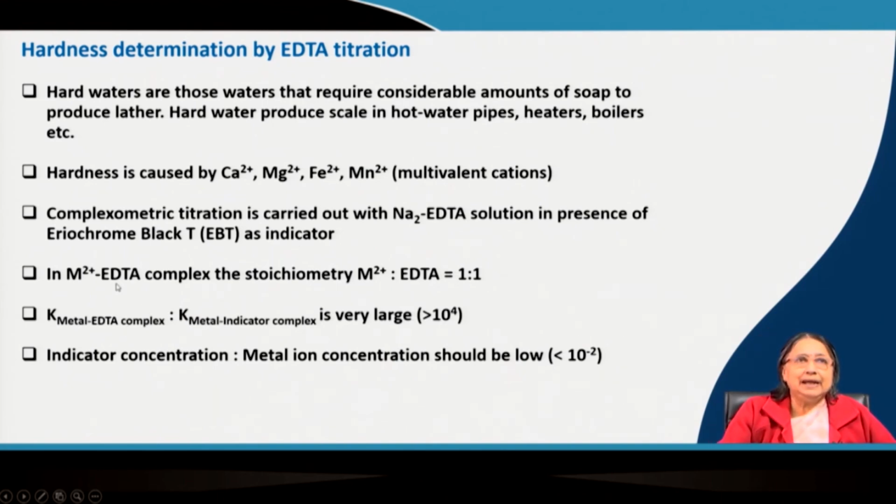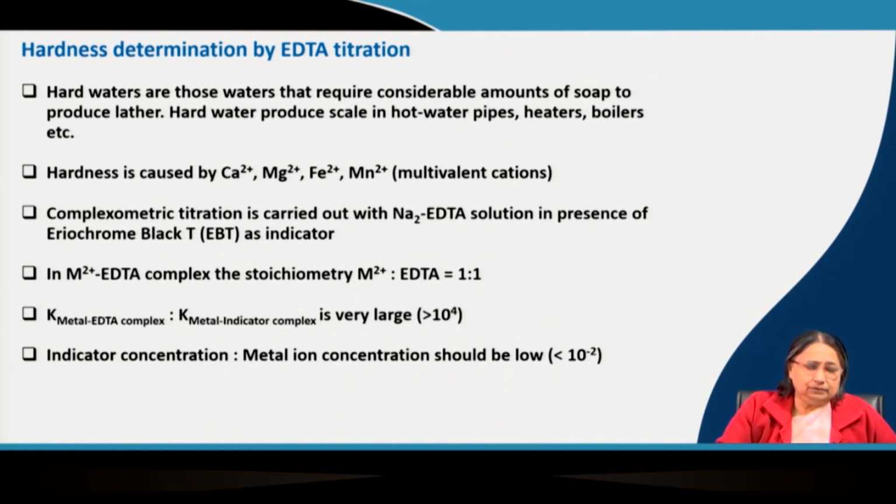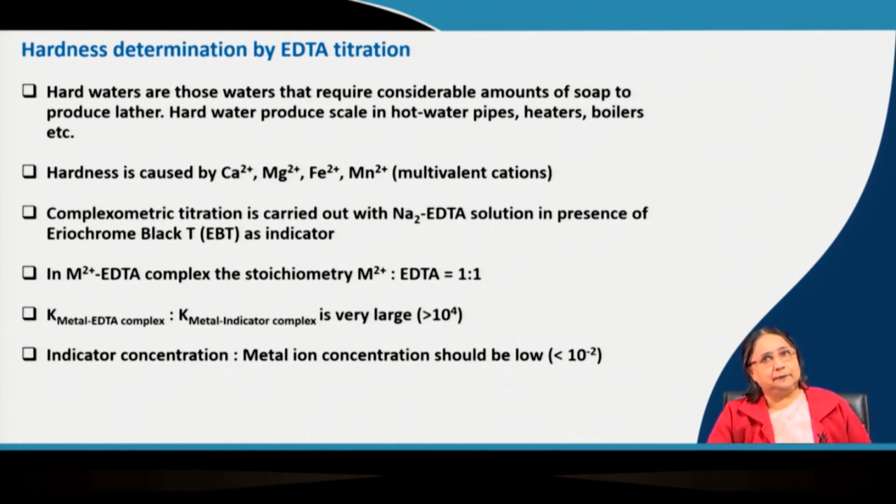So, EDTA will break this complex formed between metal ion and indicator, and then finally the indicator will be free, showing its original color, and the metal will be captured by the EDTA. Okay. So, this is a very important part, and that has been used for hardness determination. Okay. So, complex formation is such an important thing in chemical equilibrium.